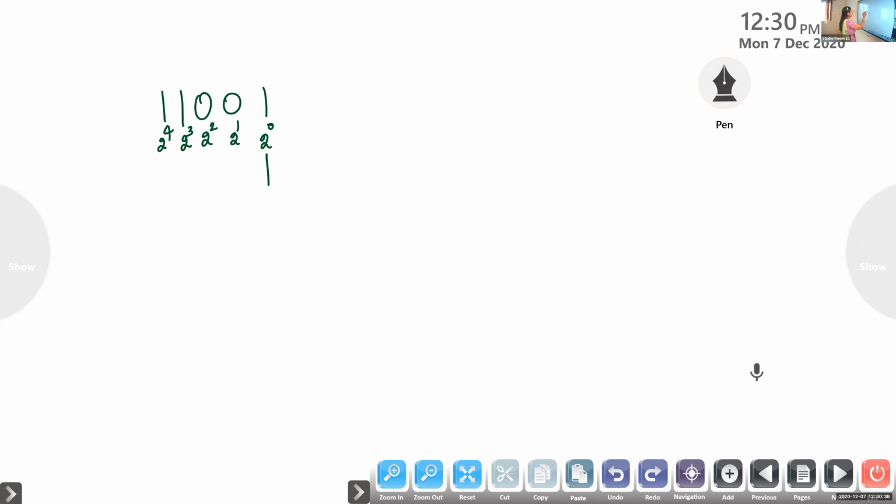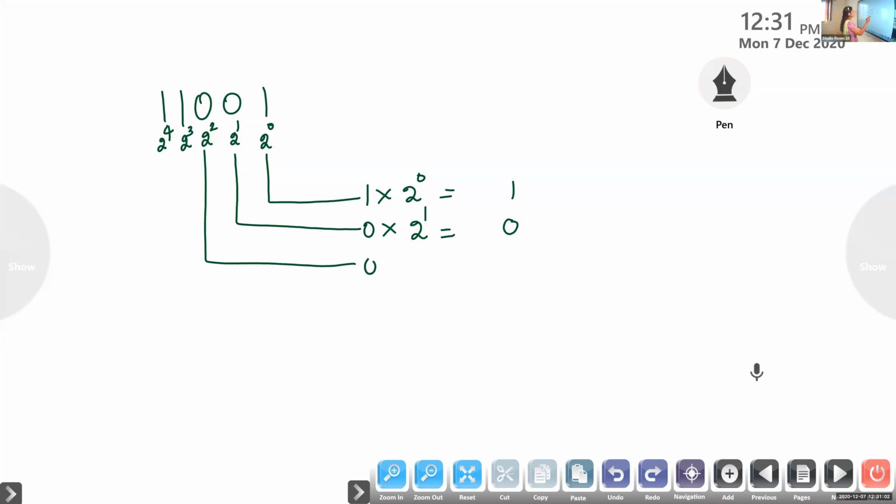To convert this into decimal, 1 into 2 raised to 0. What is 2 raised to 0? It is 1. So 1 into 1 is 1. The next is 0 into 2 raised to 1. 0 into anything is always 0. Next, 0 into 2 squared, again 0.